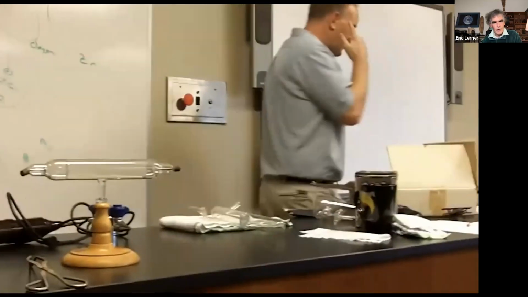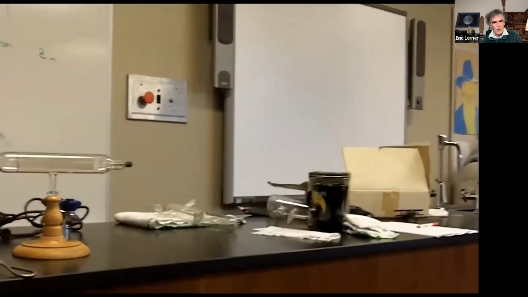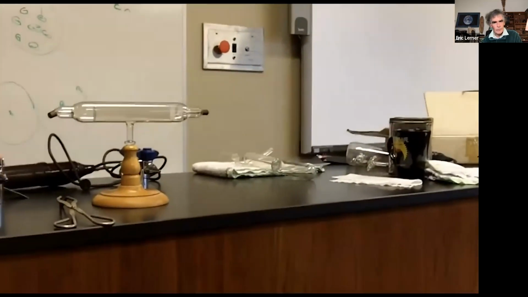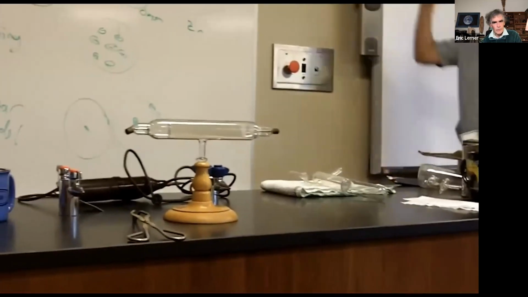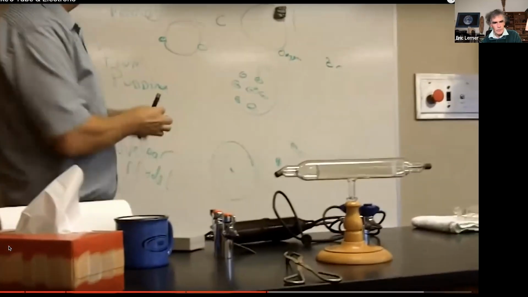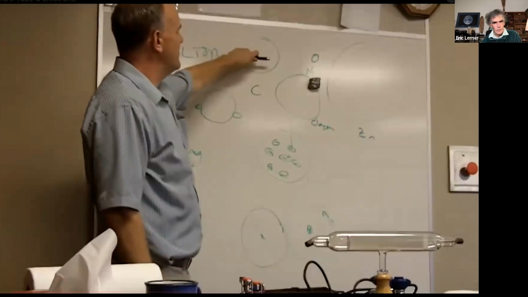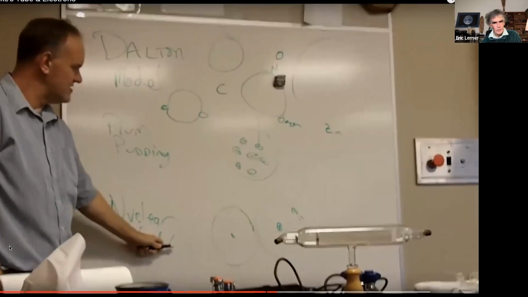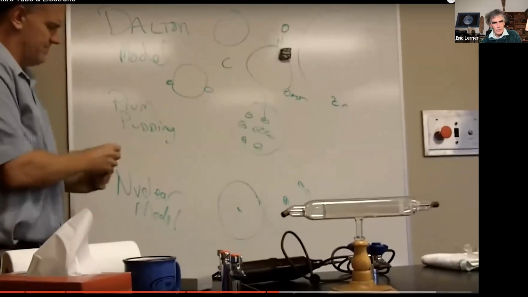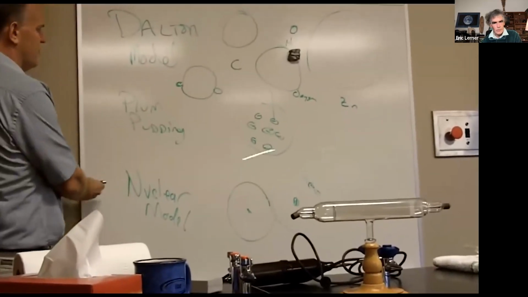I've got one other thing to compare that to. I have a light here, and I'm going to pass this light. It's a laser light, green laser light. There we go.